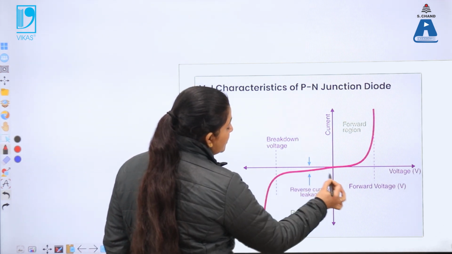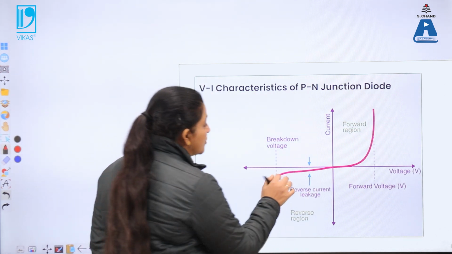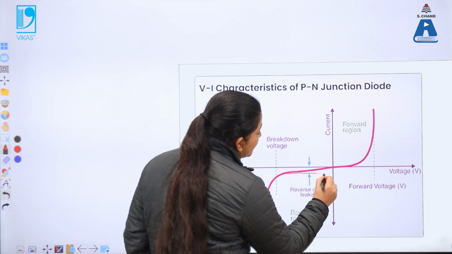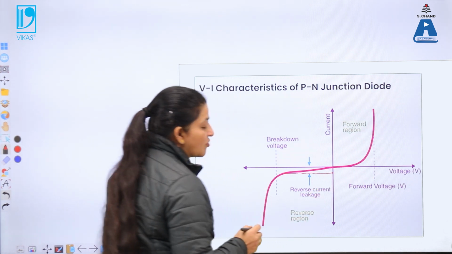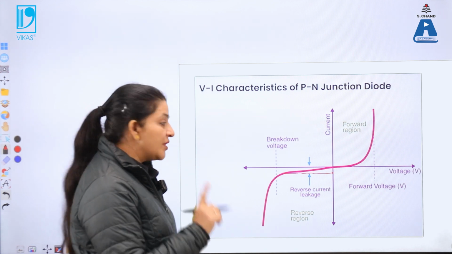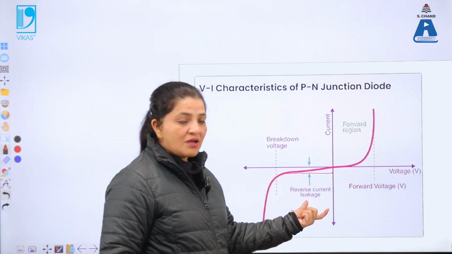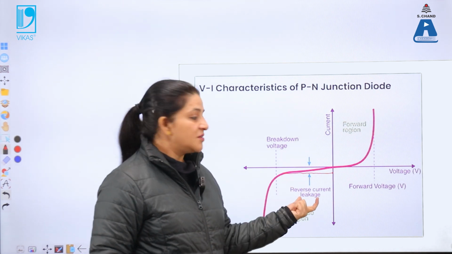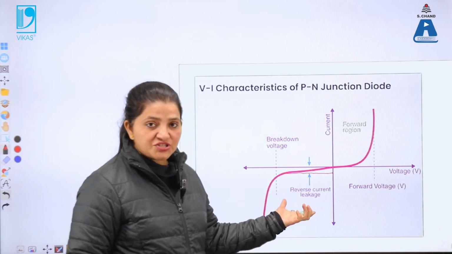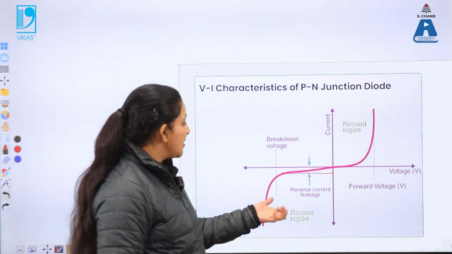That means the current in the reverse direction is almost equal to 0. There is a smaller amount of current present. This current is due to the presence of minority charge carriers, and it is known as the reverse leakage current. The current present due to minority charge carriers on both terminals P and N is known as leakage current.